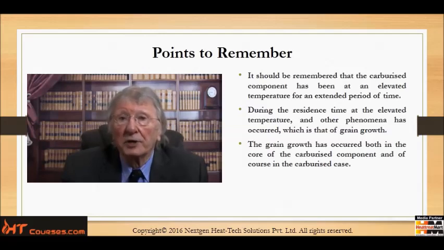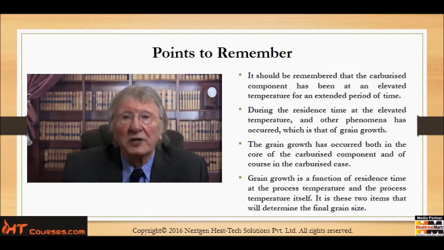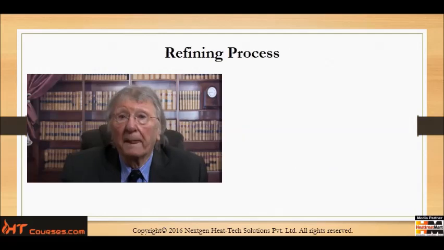The grain growth has occurred in the core of the material and the carburized component area, and of course in the carburized case. Grain growth is a function of residence time at the process temperature and the process temperature itself. Remember, grain growth occurs because of time at temperature.